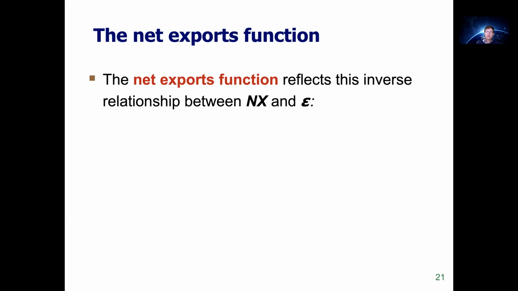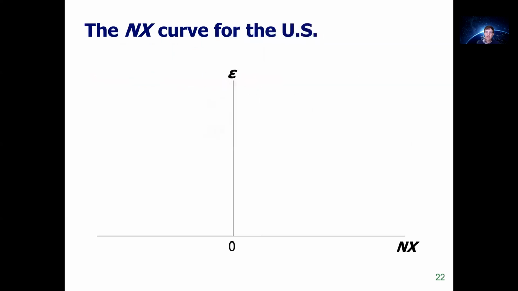The net exports function reflects this inverse relationship between net exports and epsilon, and it's a downward sloping curve. The more expensive US goods are to other people in the rest of the world, and the cheaper foreign goods look to people in the US, that's a high epsilon, the less are net exports.